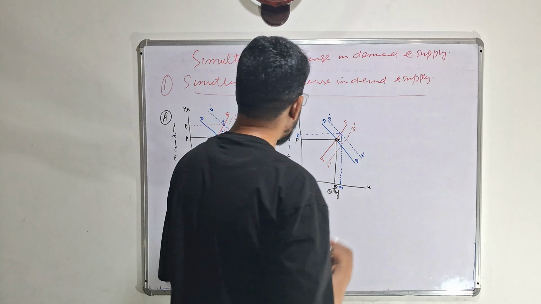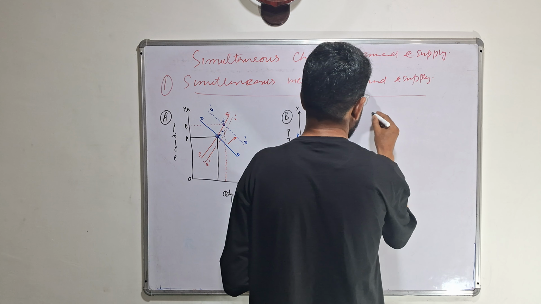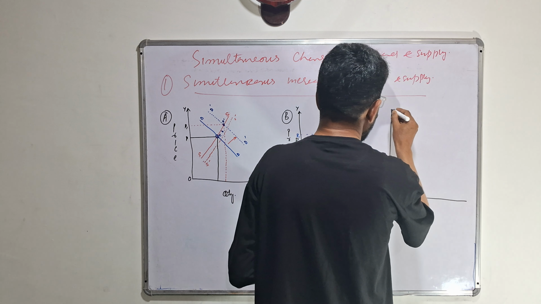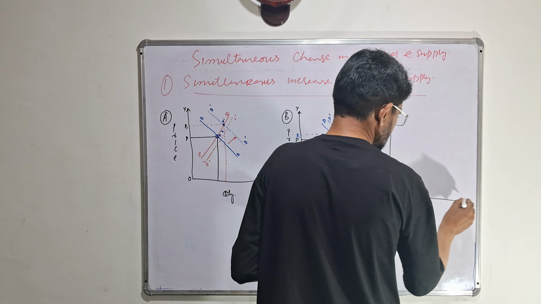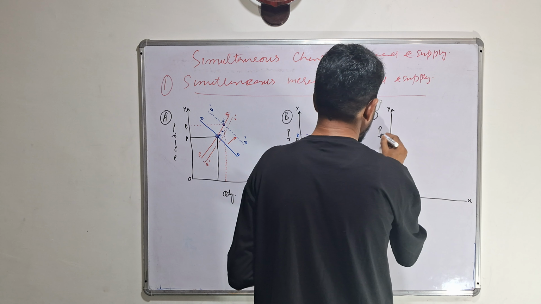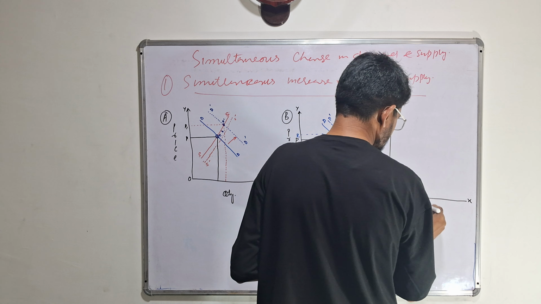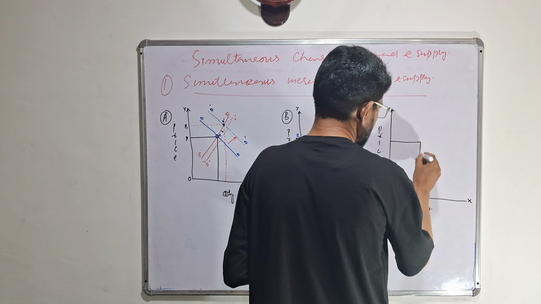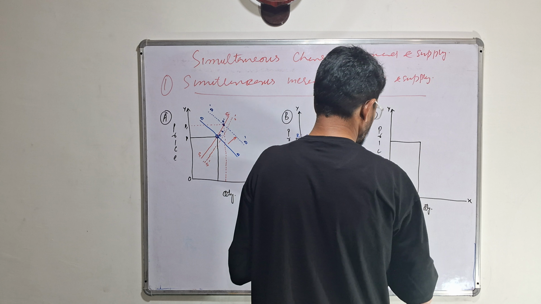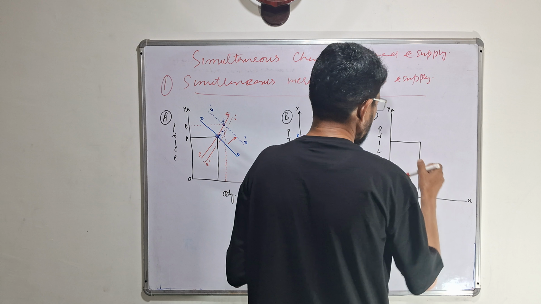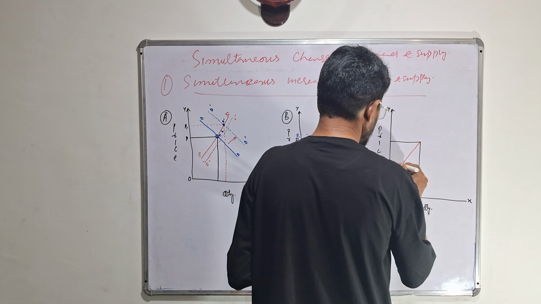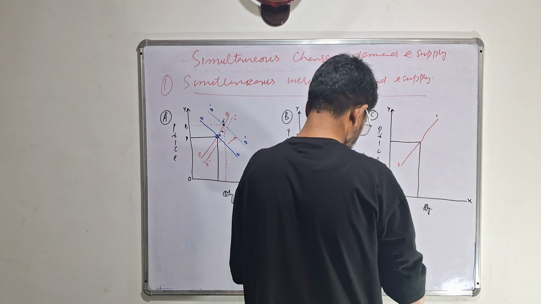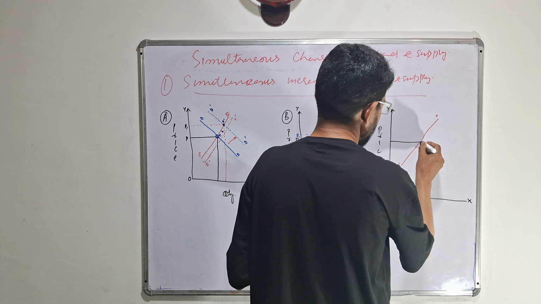Now in the third case, I will show. This is Y, this is 0, this is X. Here we are writing price, here is quantity. This is supply SS, and this is demand curve DD.